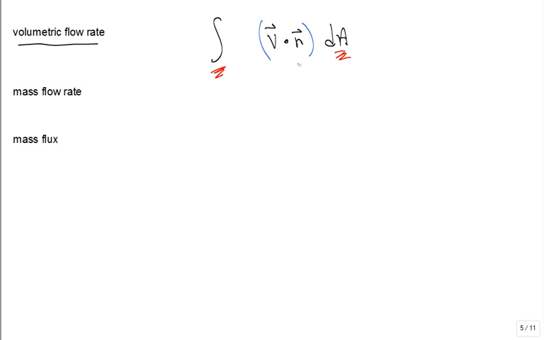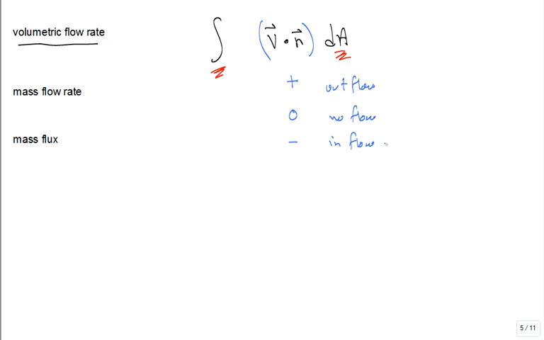It's just a number. That scalar can be negative, it can be 0, it can be positive. If it's positive, it indicates there's outflow. If it's 0, no flow. If it's negative, inflow. True?